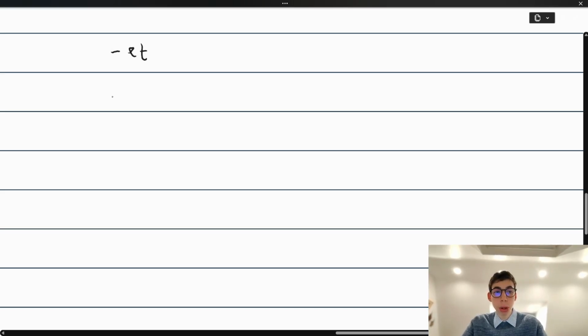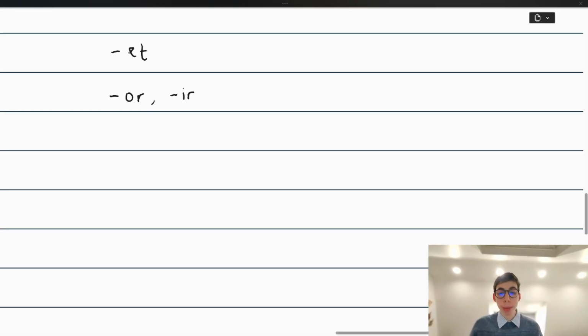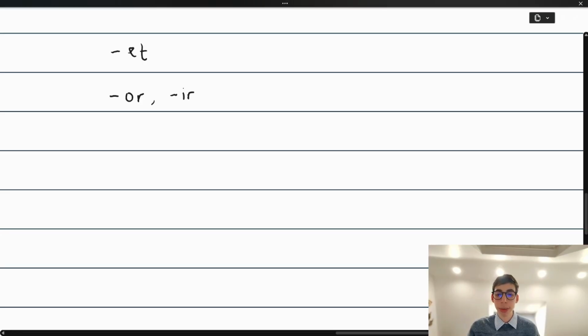Now, when we meet modal verbs, these can end in or, and in conditional form, they can end in ir. This is something I'm going to talk about another time, not today. I'm not going to incur too much extra complexity. But I am just going to say that these are normal verb endings. So most of the time, et, modal verbs, or or ir, depending on the circumstance, mostly or.